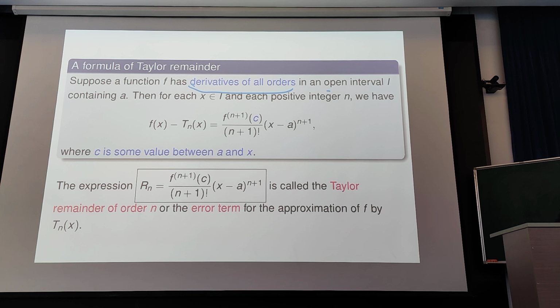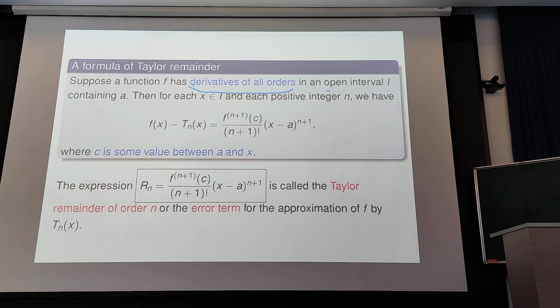So keep in mind that we have a constant number c here. C is a fixed number. However, we don't know the exact value of c. We only know that c is some value between a and x. In fact, for each value of x, we have c_x.